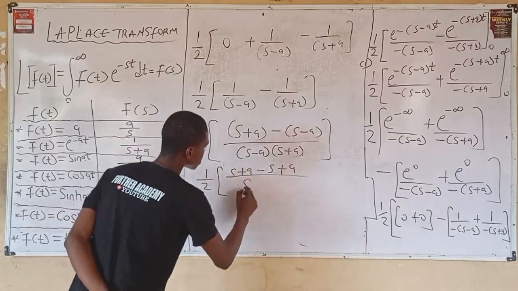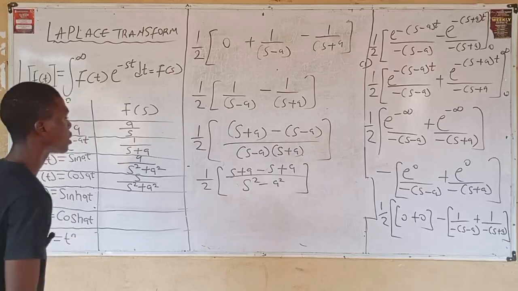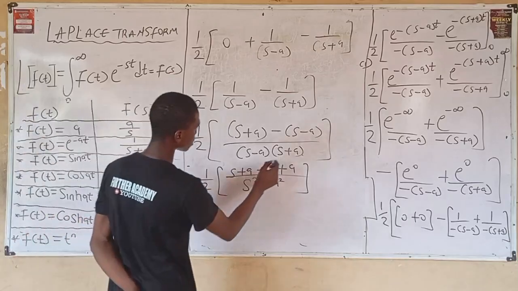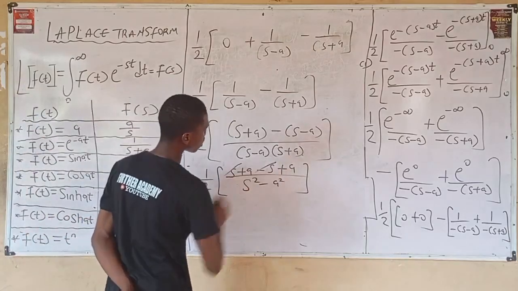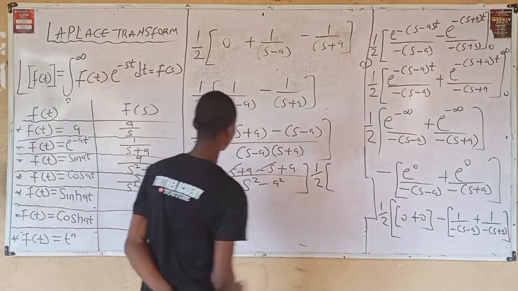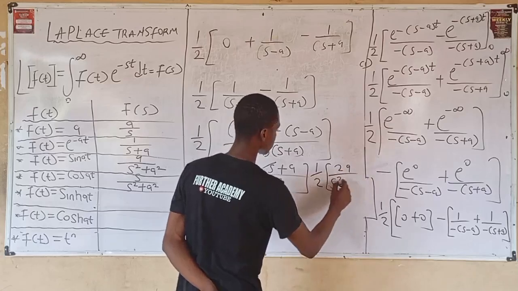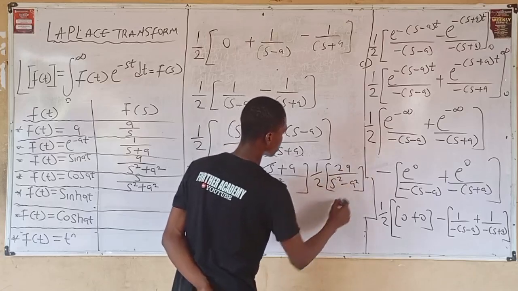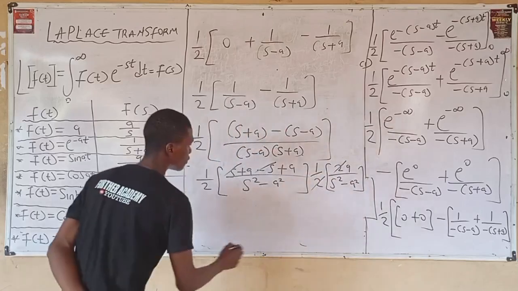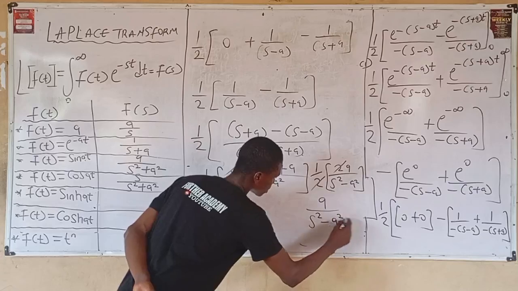Then this gives us what? s squared minus a squared. We've seen earlier. This cancels out. It then becomes 1 over 2a, all into bracket, 2a over s squared minus a squared. The 2 cancels out. You are left with a over s squared minus a squared.